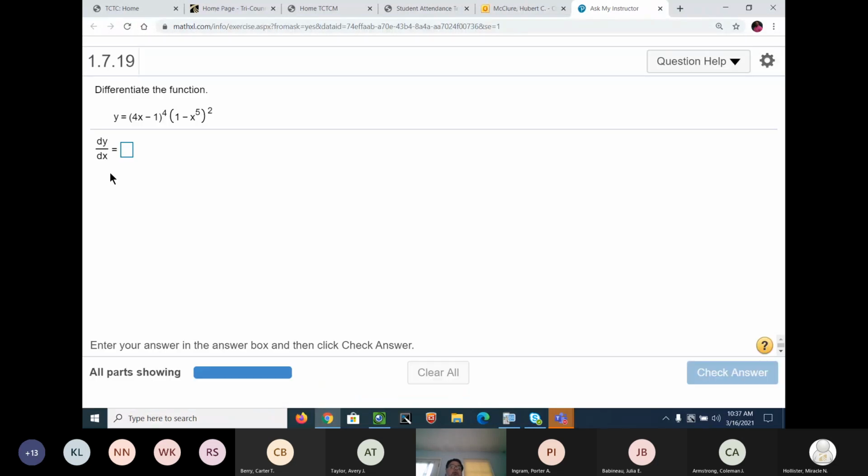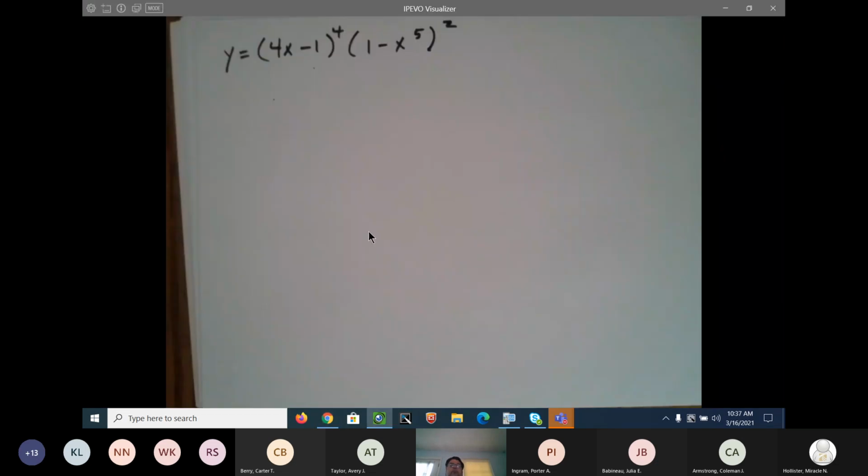All right, this is the product rule. y equals 4x minus 1 to the 4th power times 1 minus x to the 5th, to the 2nd power. All right, let's go ahead and start on it.